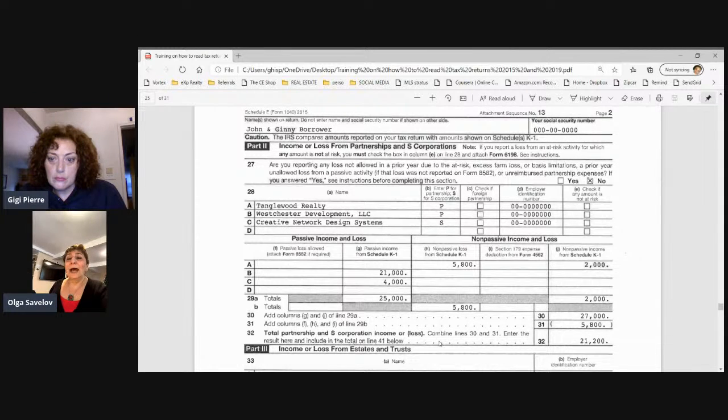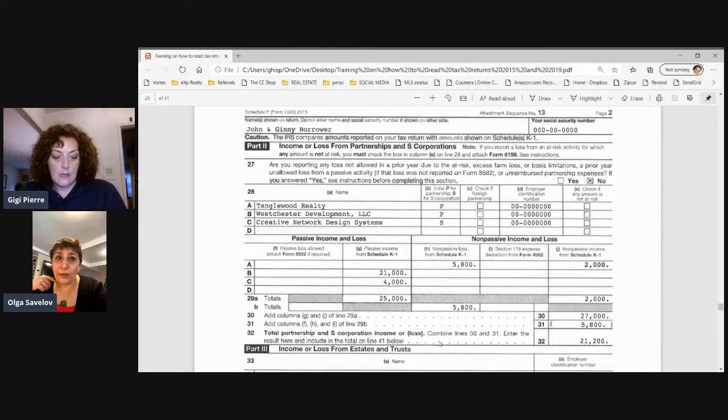Now, how are we going to be able to use all 21,200? And the answer is yes and no. In order for us to know if any of this income is usable, we have to take a look at how much percentage of the business a client owns. If they own more than 25%, we have to analyze the business tax return. Based on the business tax return, we're going to identify if any of the income is usable.